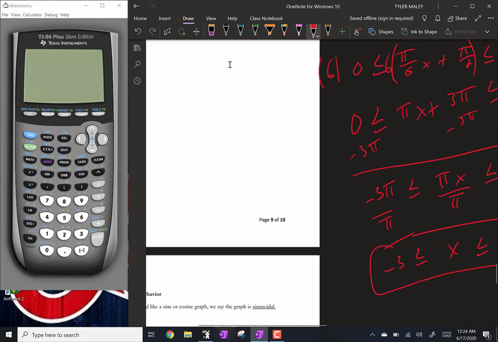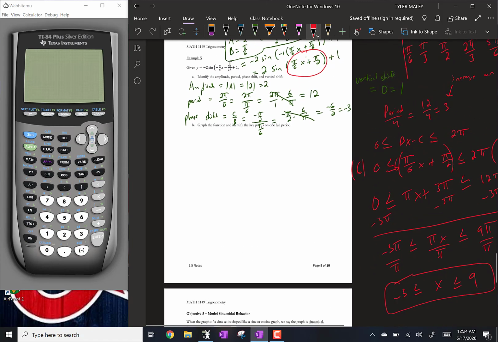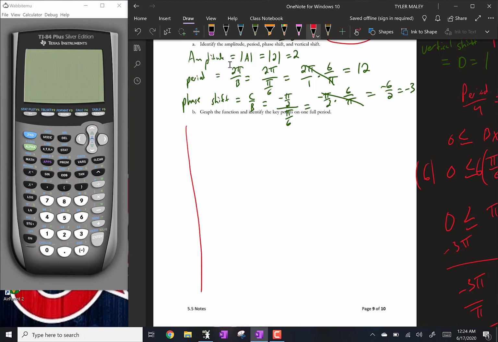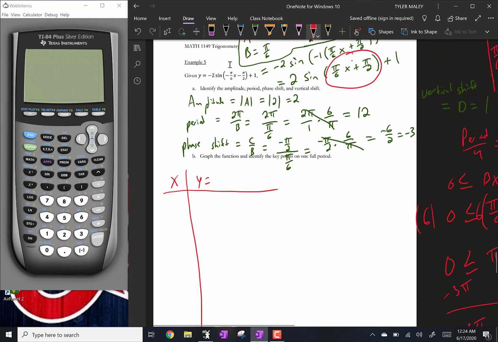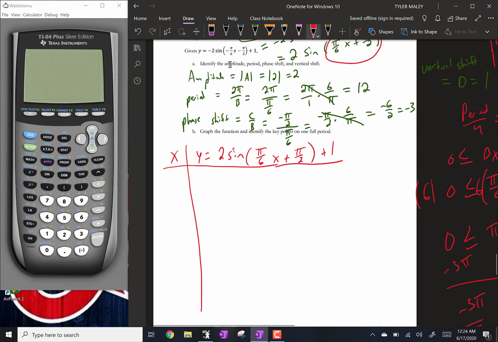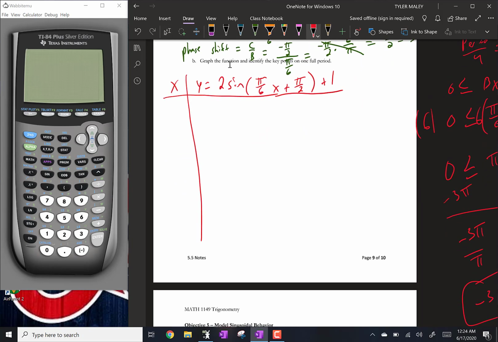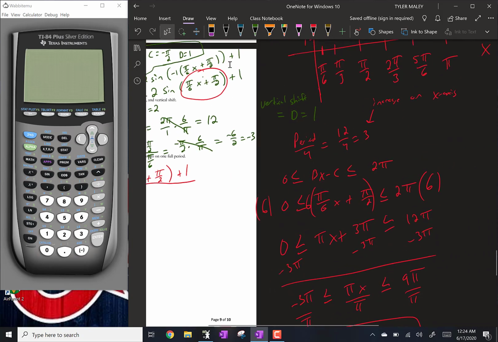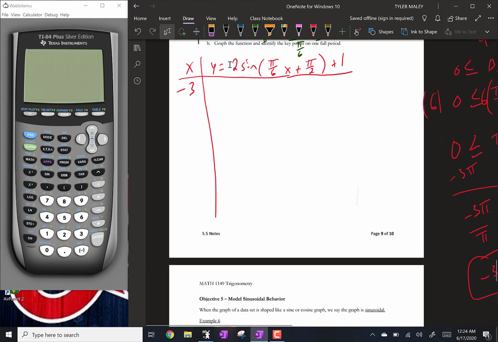So when I make my t-chart, we want to start at negative 3, and then we were increasing by 3, and we're stopping at 9.